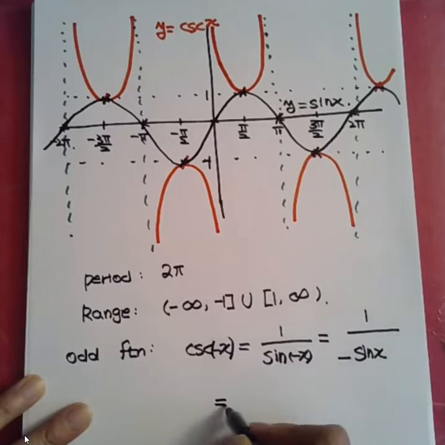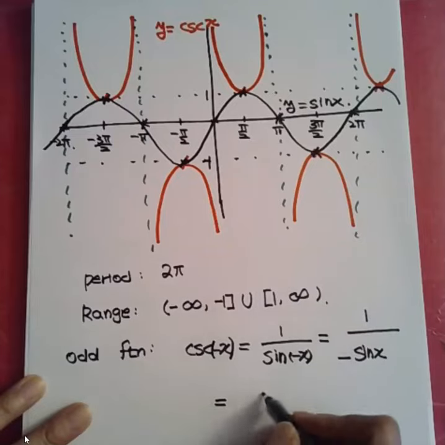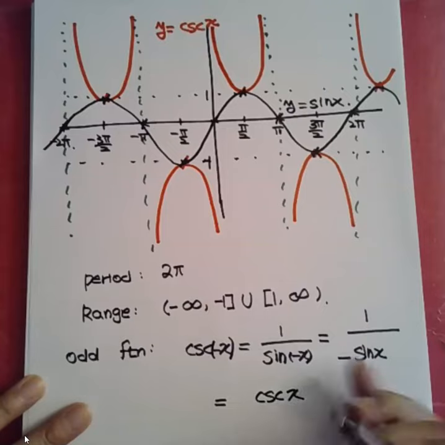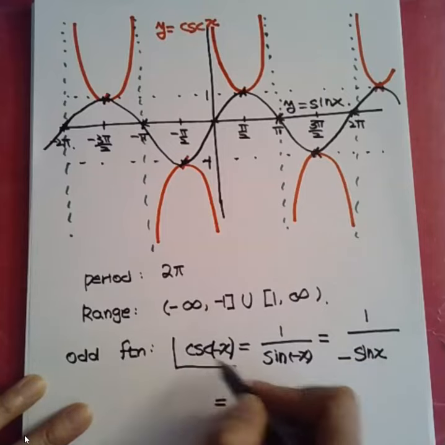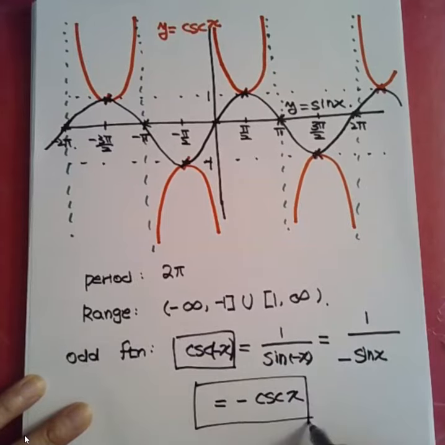So 1 over sine of x is cosecant of x, and minus was there, so we put minus here. So cosecant of minus x equals minus cosecant of x. Therefore, that is an odd function.